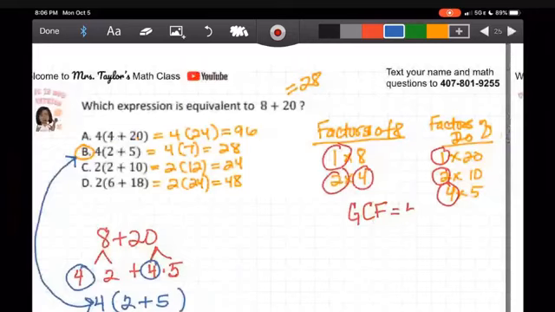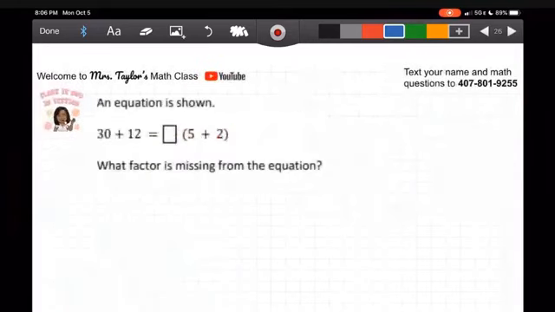Okay, so here's another one, just like the one we had before. We have an equation shown, 30 plus 12, and they want to know, well, what's going to be the number, or really the GCF, that goes in this rectangular box. So let's find factors of 30.